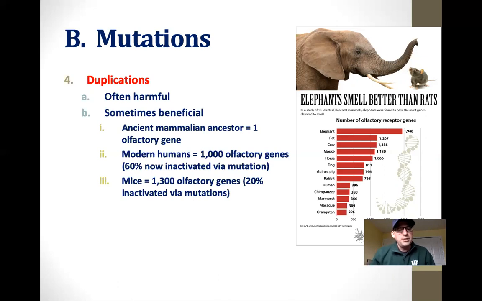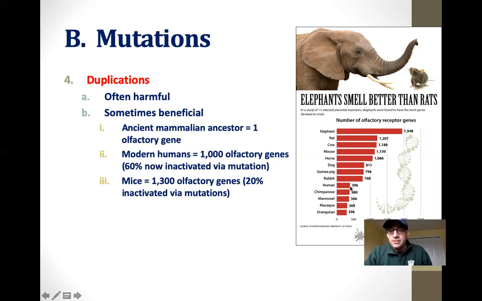Mice have about 1,300 olfactory genes. 20% of them have been inactivated via mutations over time. So if you take a look over here at this little chart that I've got here, mice have about 1,130 olfactory receptor genes that they produce, whereas humans, we only have 396. That's about 60% of 1,000, right? We're inactivated, leaving, which would be 600.